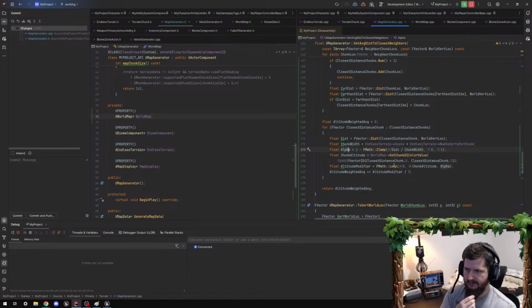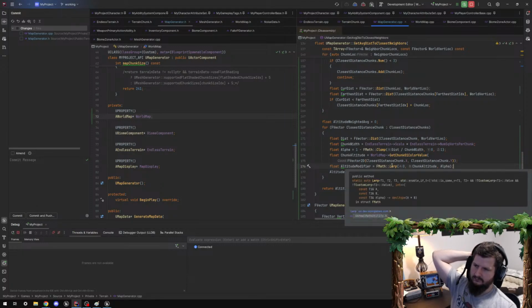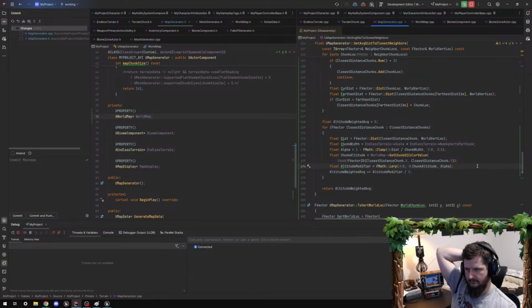Perfect. Okay, and the alpha, we would want that to be halfway in between 0 and chunk altitude.